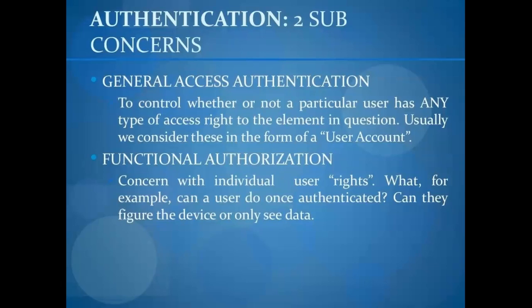So general access authentication is there and functional authentication is there. General access authentication controls whether or not particular users have any type of access right. Access right means the user account number, login ID and password in this method.